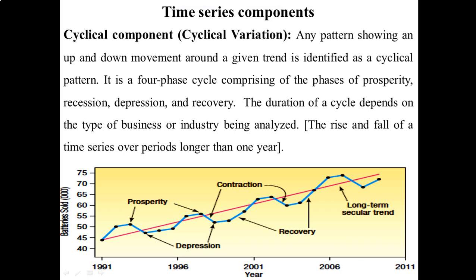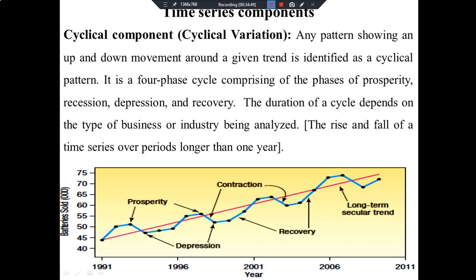Up and down movement around a given trend is identified as a cyclical pattern. It is a 4-phase cycle comprising the phases of prosperity, recession, depression, and finally recovery. The duration of a cycle depends on the type of business or industry being analyzed.